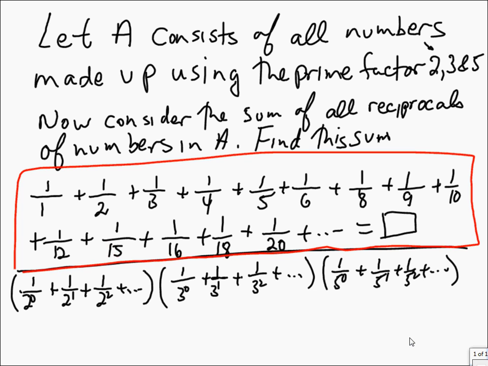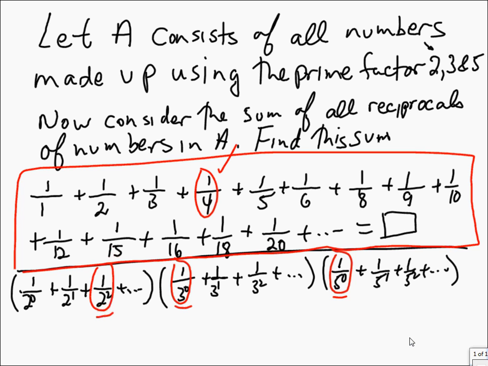For example, if you want to get 1 over 4, you have to multiply something from the first bracket by something from the second bracket times something from the third bracket. Well, 1/4 times 1 times 1 is 1/4.